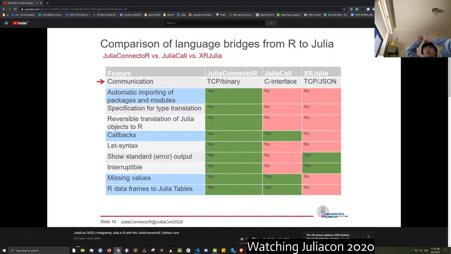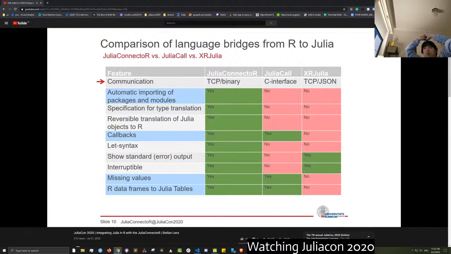For the communication between Julia and R, we chose to use a custom TCP protocol. A connection via TCP can be maintained more easily across different versions of R and Julia than using a connection via the C interface as JuliaCall does.